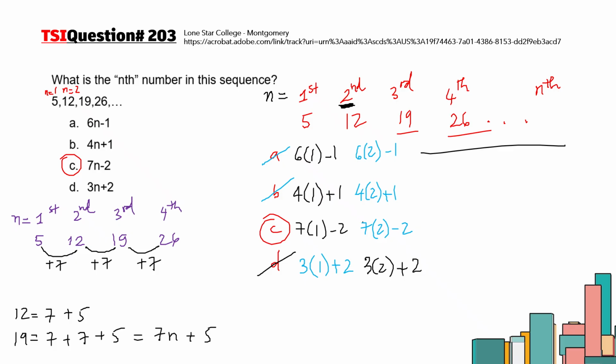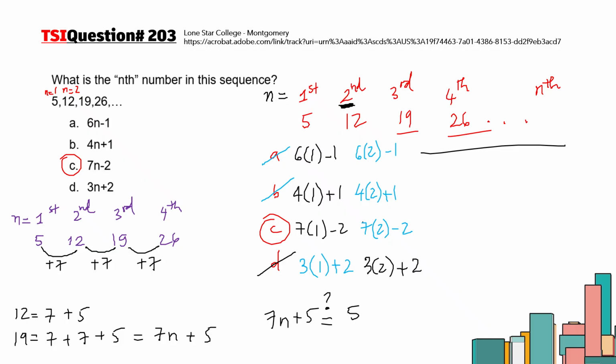But then you see that if you plug in n equals 1, how can the first one be 5? You have 7n plus something that equals 5 when n equals 1, right?